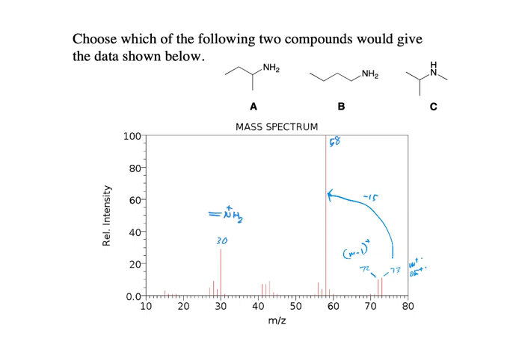Okay, so the normal cleavage of amines is the alpha cleavage. So I'll just draw a separate one here, R prime, and I'm going to put H here. We ionize on the nitrogen. This goes down, combines with this, and we cleave that.